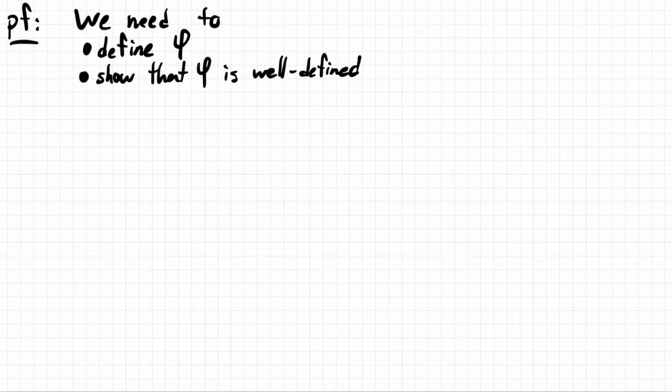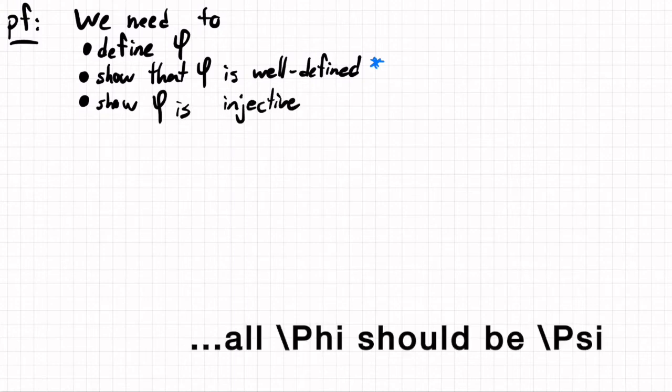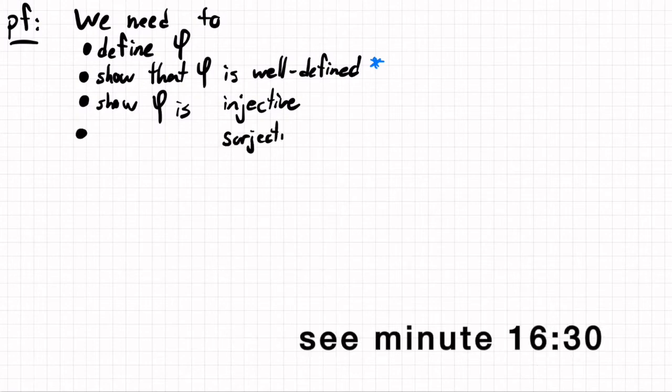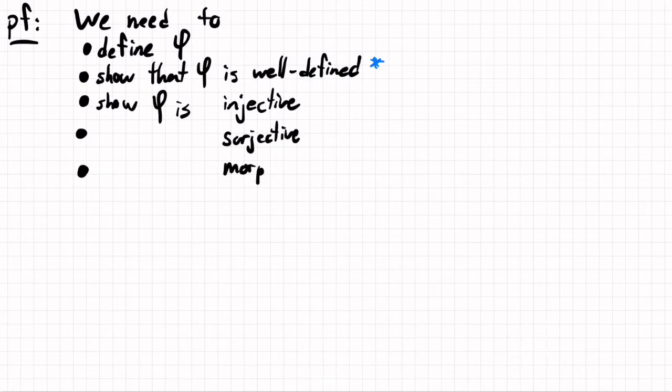So we'll see what this means in just a second. I'll put a little star right here. And then once we've gotten that psi is actually a function, we need to show that psi is injective. We need to show that psi is surjective. And we need to show that it is a morphism.